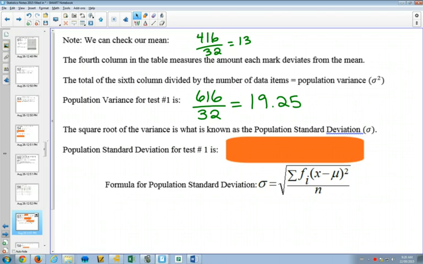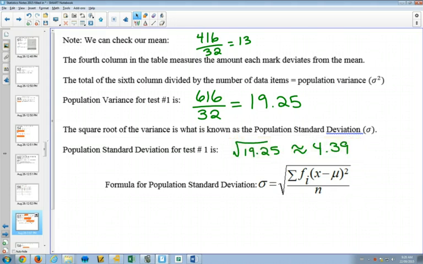The standard deviation, which is the symbol sigma, we find by doing the square root. And the square root of 19.25 is approximately 4.39.